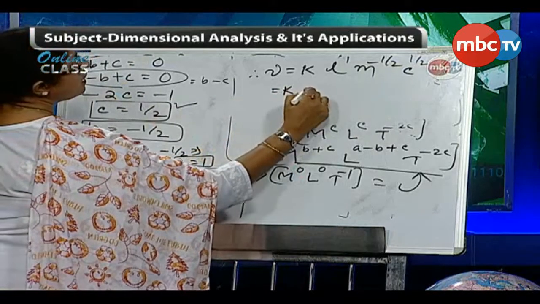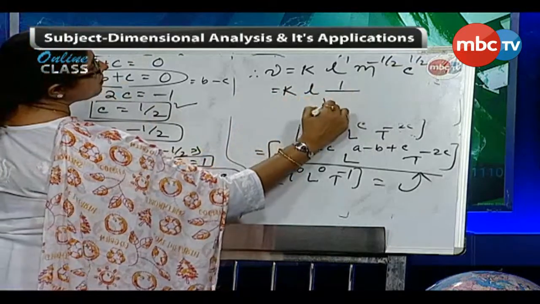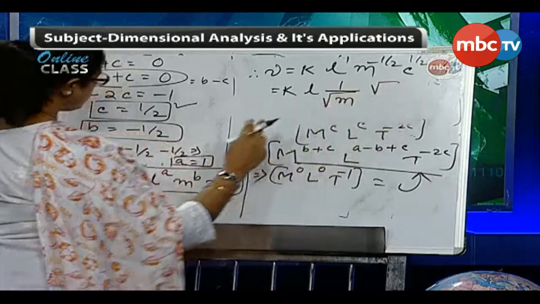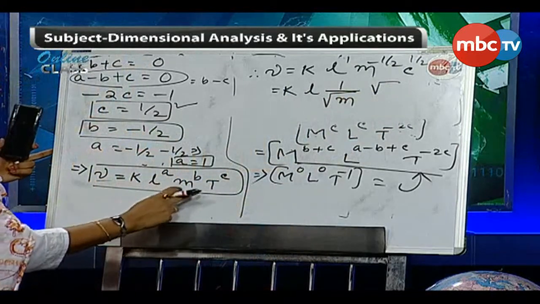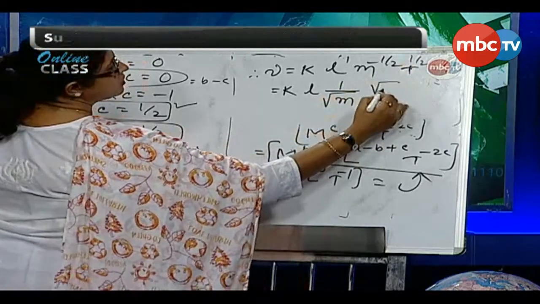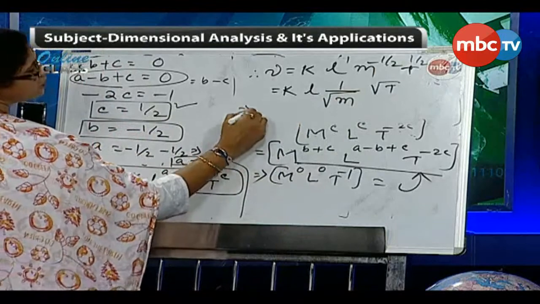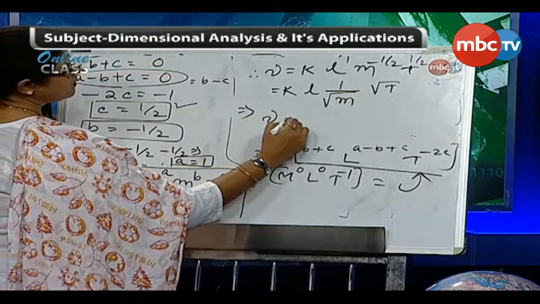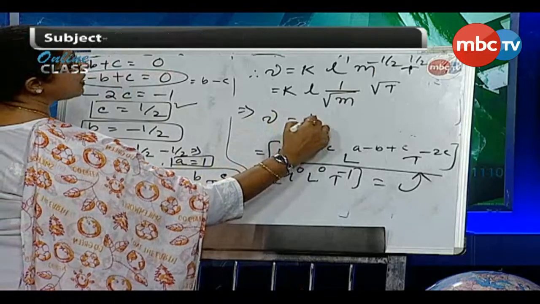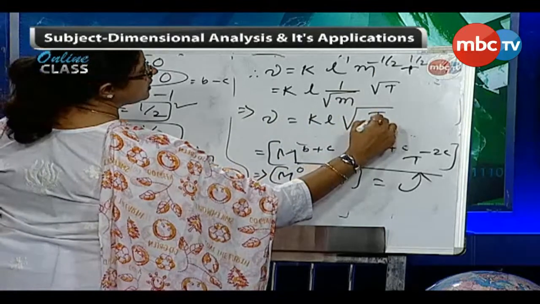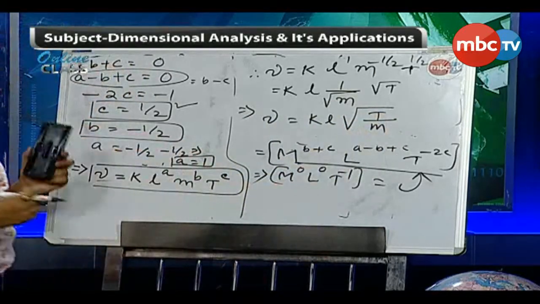So, sorry, T to the power half. So what is the final equation? Nu is equal to K L root of T upon M. Clear?